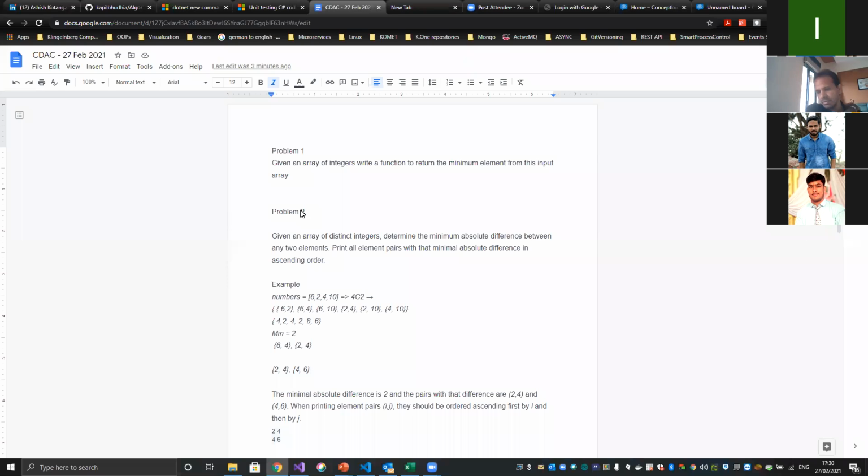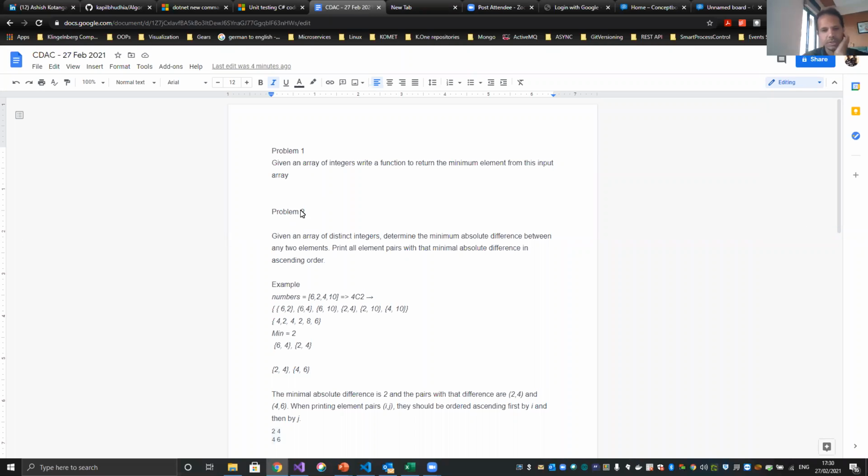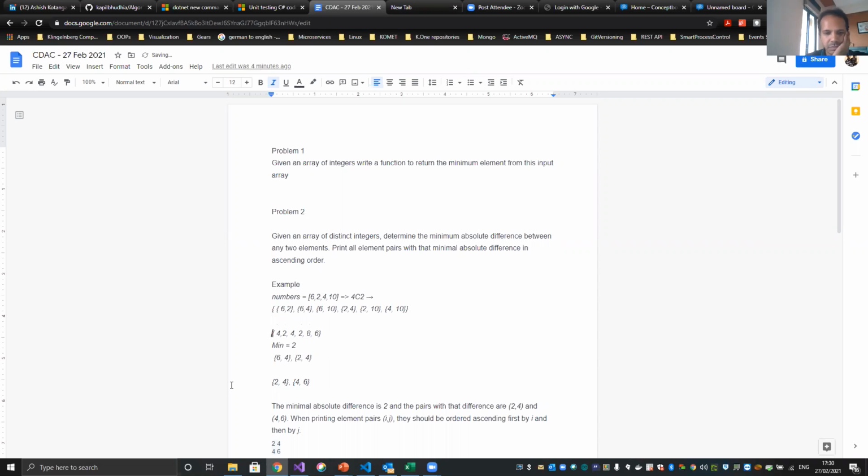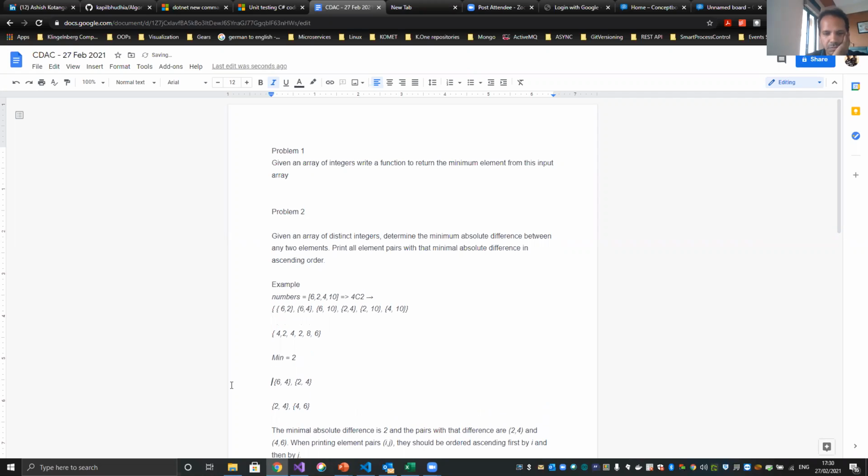And now let's try to come up with an algorithm. How are we going to solve this? So we can look at the steps that we've done. What we did is we tried finding the absolute difference between all the pairs, right?